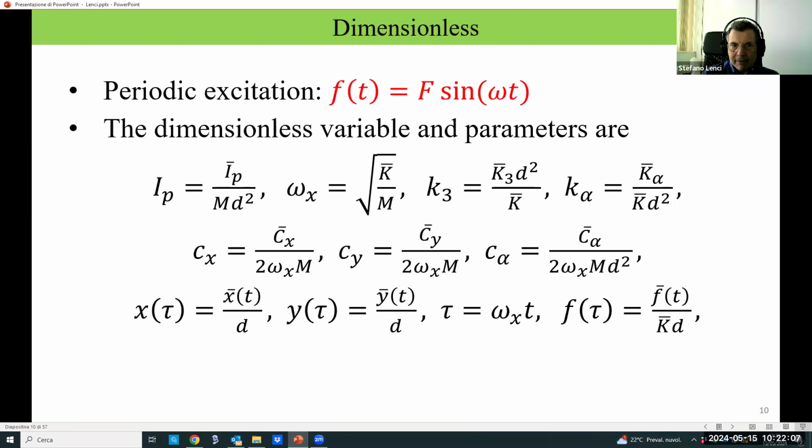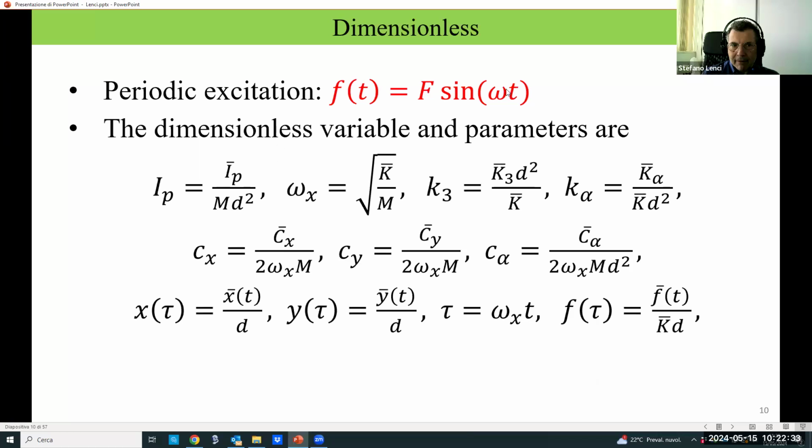Because if the frequency of the wind is far from the natural frequencies of the system, there are no resonance phenomena, no amplification, and so you are not expecting a big vibration; it is not a problem. Only when the frequency of the wind is close to the natural frequencies of the system, because of resonance, in particular nonlinear resonance, do you have a problem.